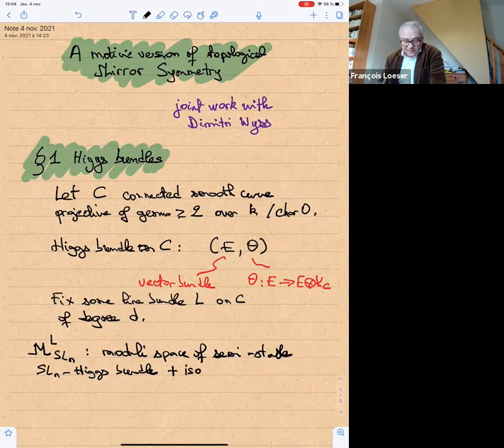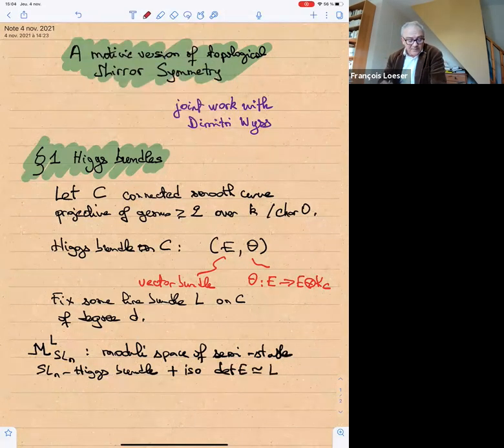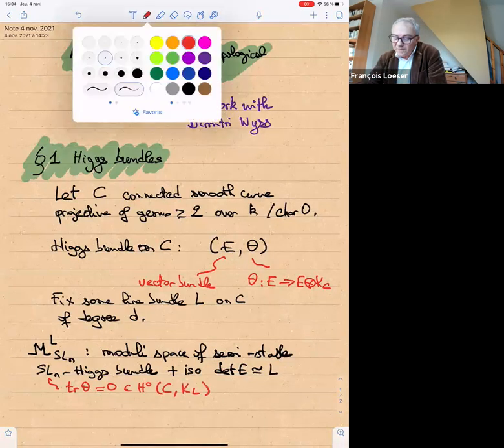And we fix also an isomorphism between the determinant of our vector bundle E and this L. What do I mean by SLN Higgs bundle? Just that the trace of theta is 0, as a global section of the canonical bundle on C.